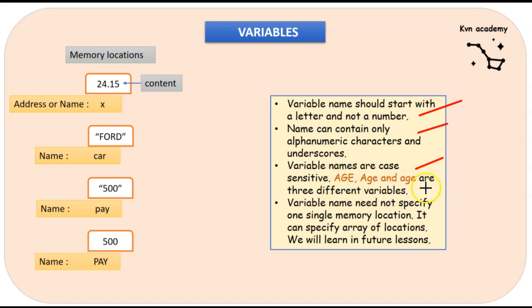They are not the same. That is a rule in Python we already learned. Finally, a variable need not specify one single location. One name can specify hundreds of memory locations. That we will study in future lessons.